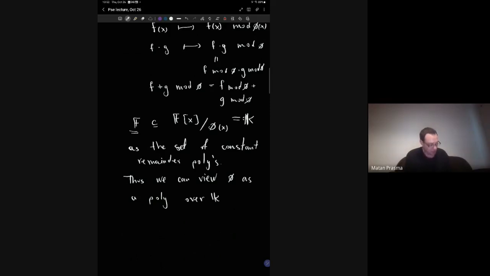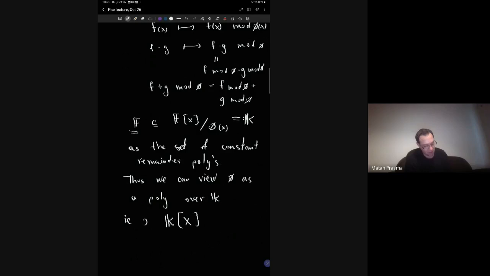So, it means that I can view the set of all polynomials over k. Now I put it with a big variable X to differentiate from the small variable that comes here.